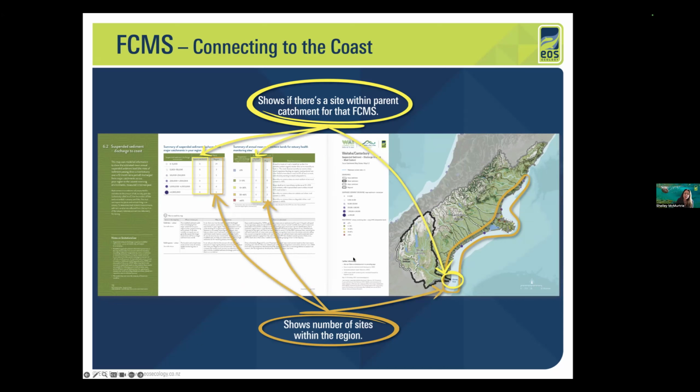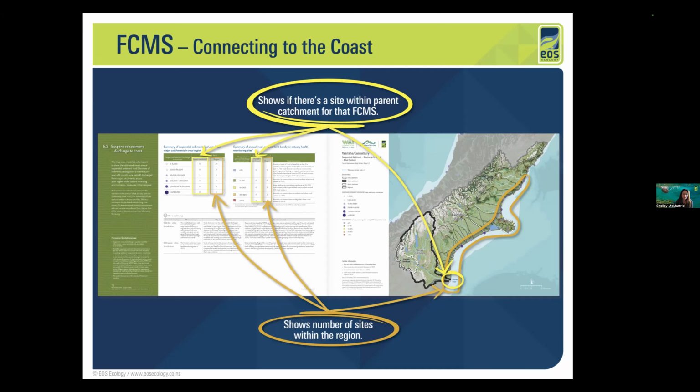By doing this section, connecting through to the coast, we're picking up the data that's collected by regional council along the coastline, or using a mix of model data that relates to the hydrological systems in the catchment, and the sediment loads coming out of some of these key catchments. Then we can start to build up that picture as to what's happening in the catchment versus what's ending up out on the coast.